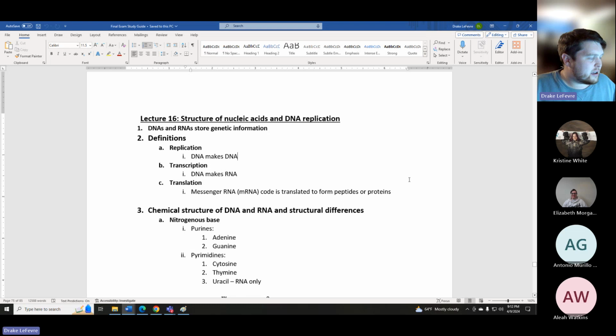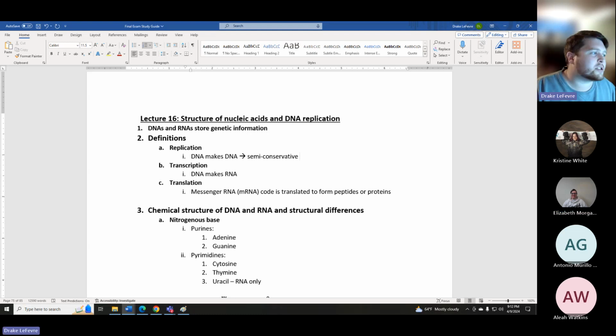Replication. DNA makes DNA. What kind of replication is it? What's the name for how it gets replicated? Is that the semi-conservative? Yeah, semi-conservative. What does semi-conservative mean? It keeps part of the original strand as it continues to replicate.